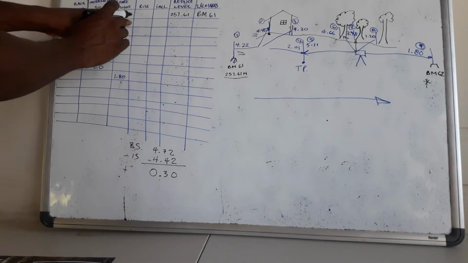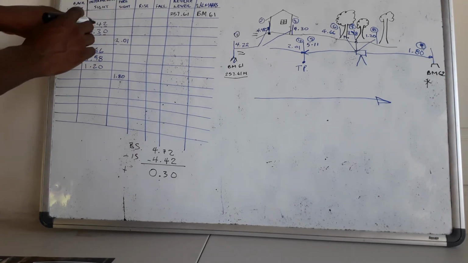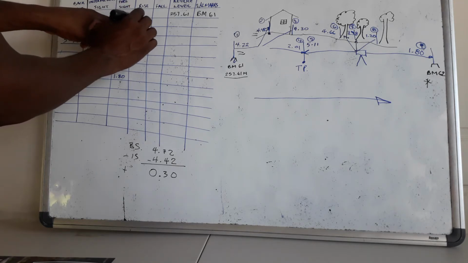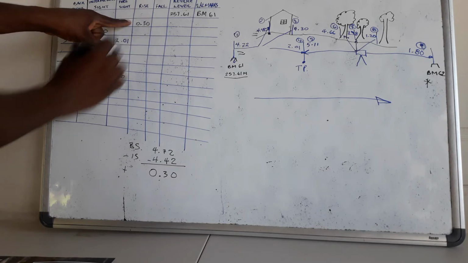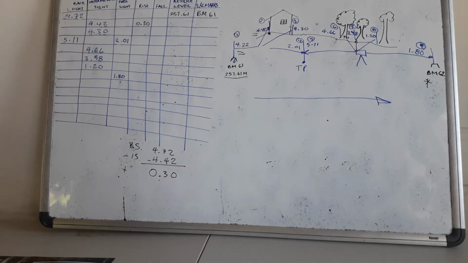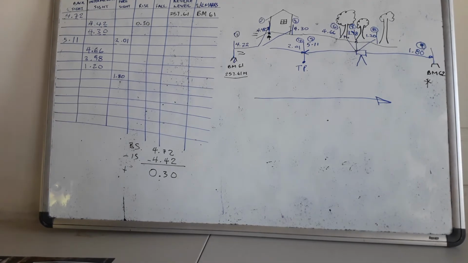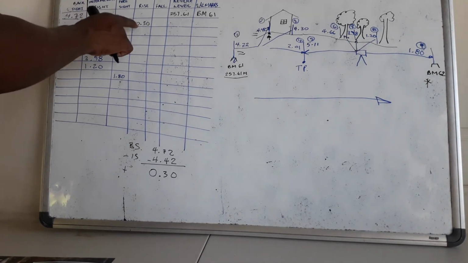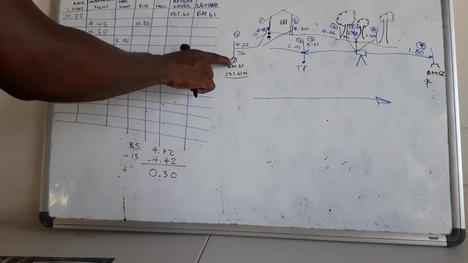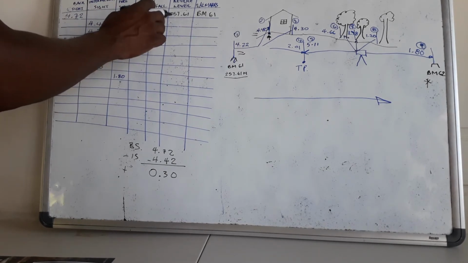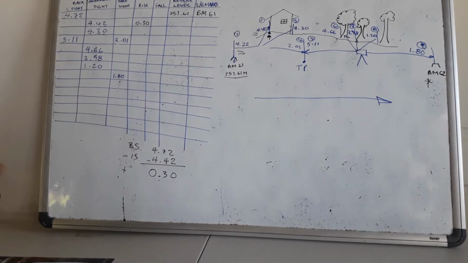So once we have a positive there, then you know it's a rise. So in line with our intermediate sight reading, we'll now place in our rise column 0.30, right? Now to determine the reduced level at this particular point, which would have been our first intermediate sight reading, right at the house corner there, we now would have added our rise, which is the difference in elevation from benchmark 61 to the first house corner, to the reduced level at benchmark 61.